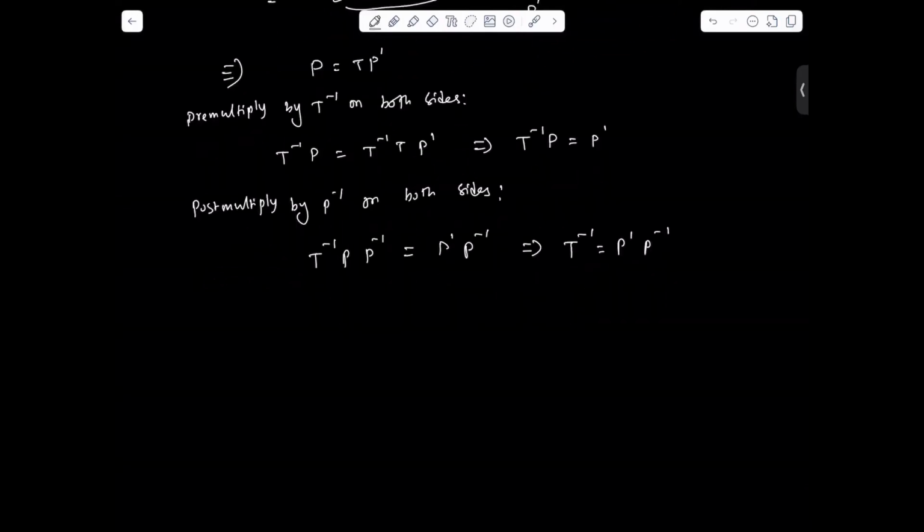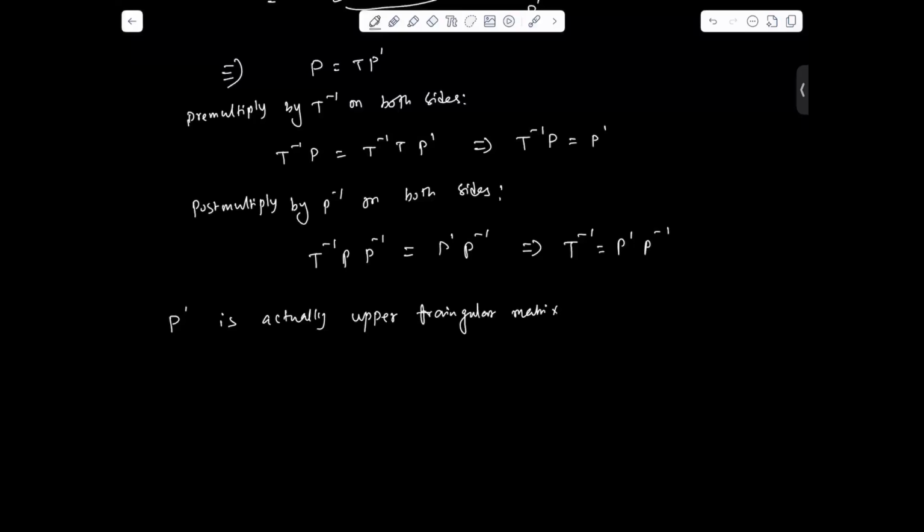Now there's an important note here: P dash is actually an upper triangular matrix.